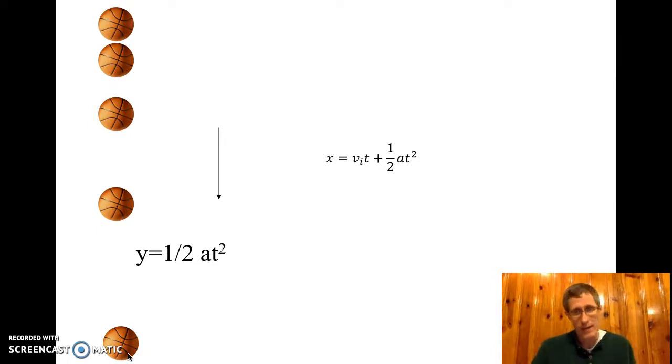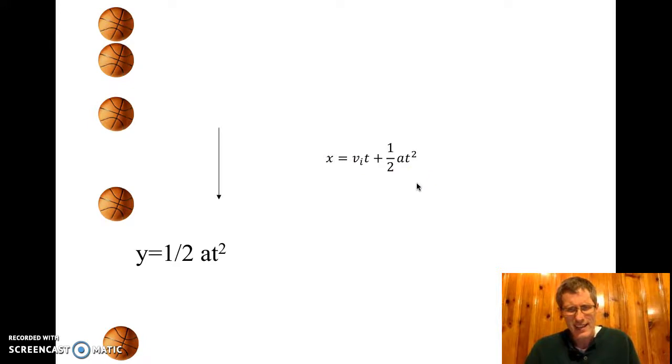Now, how are we going to model that mathematically? We'll start with this equation. It's one of our acceleration equations. We know, since it is launched horizontally, that its initial velocity up or down is 0. Remember, we're just looking at the vertical motion here. So this term simply goes away. And then we've got x equals 1/2 at squared.